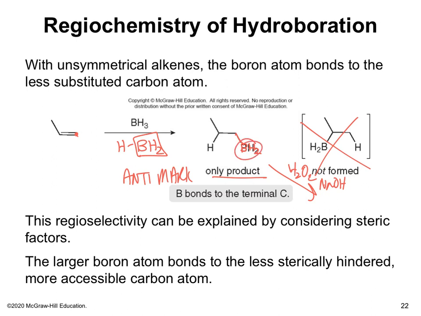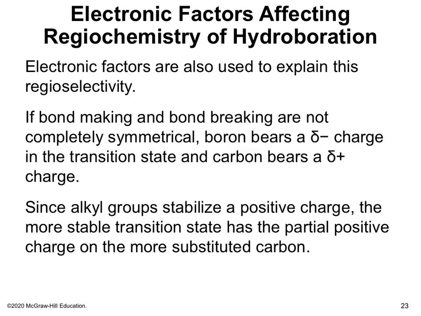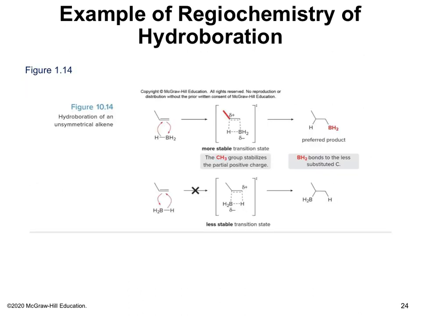This gets replaced with an OH, and that's how you get the anti-Markovnikov, where the OH adds to the less hindered carbon. And some of it is electrostatically driven too, but I just think of more of it as sterics.